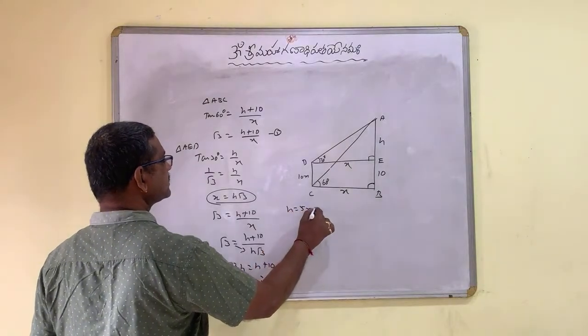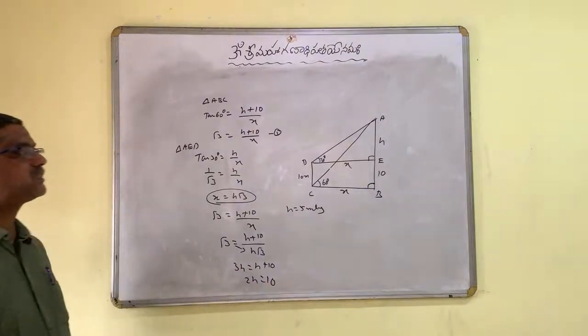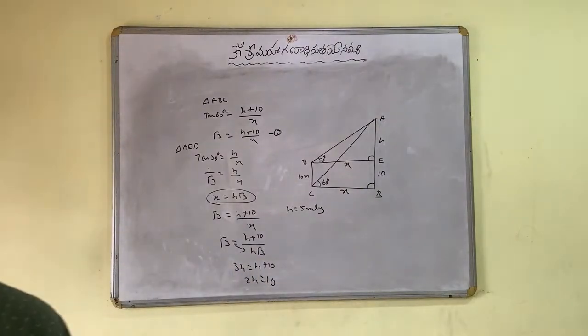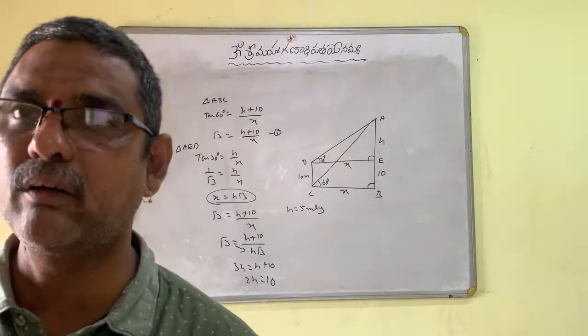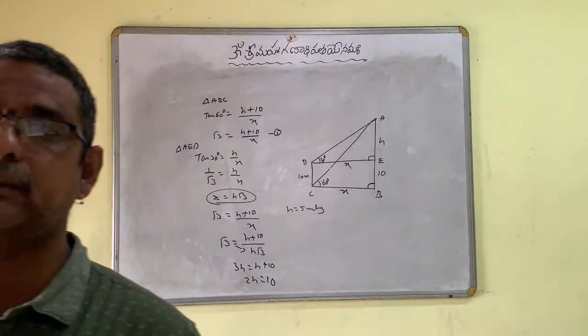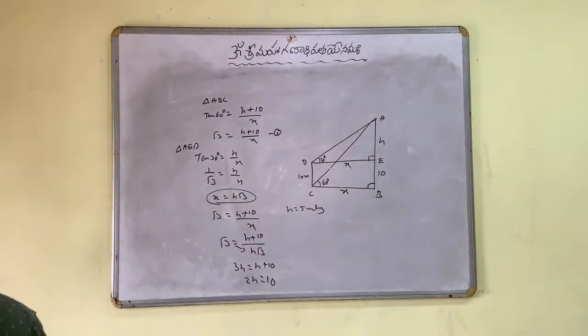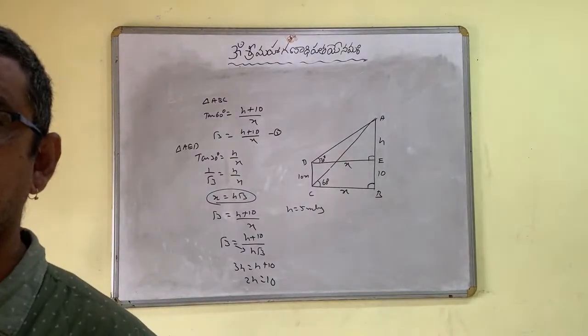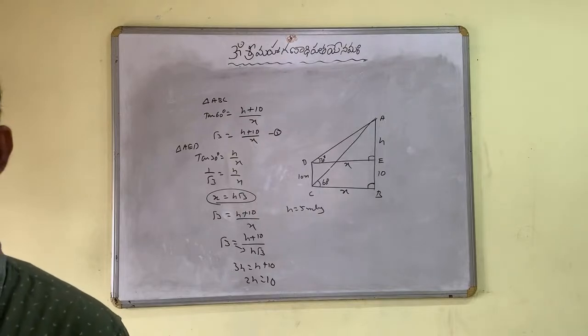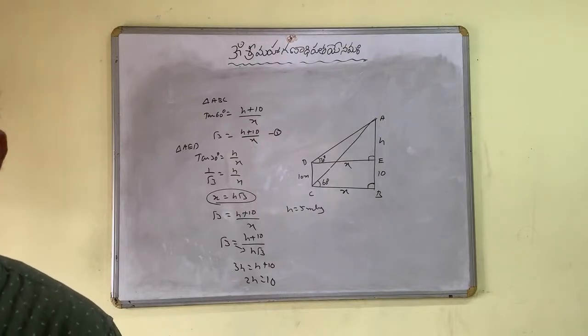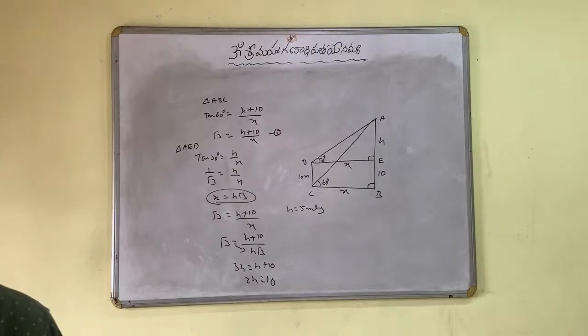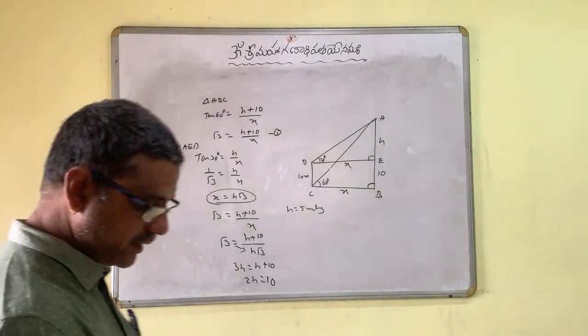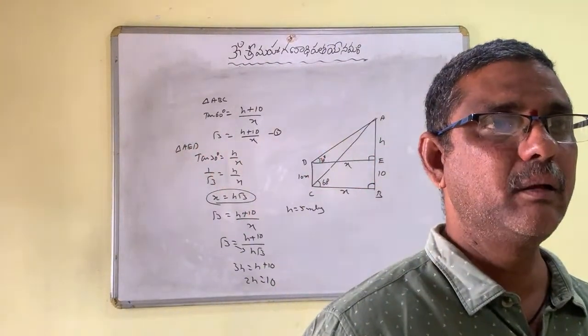H is 5 meters. Yes, H is 15 meters. Height of the tower is 15 meters.